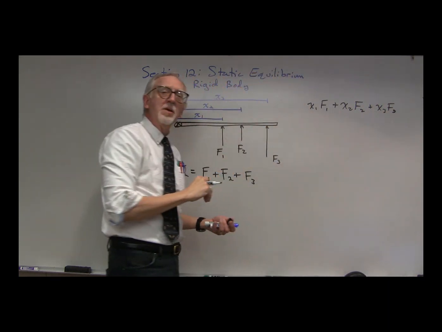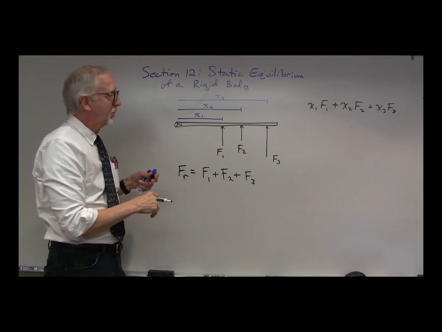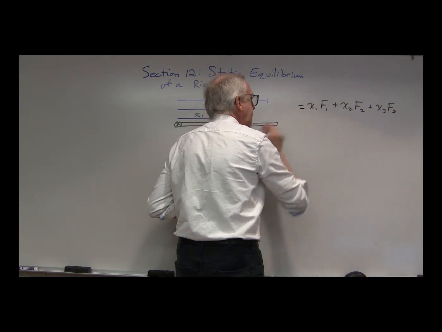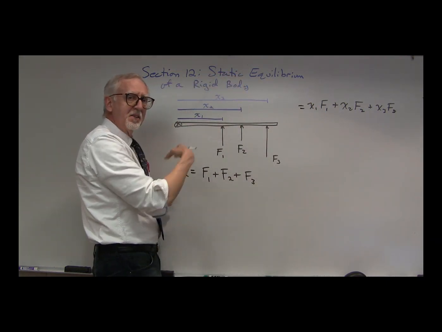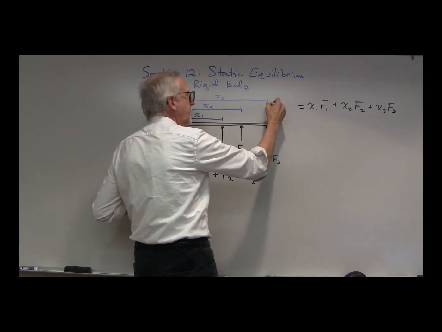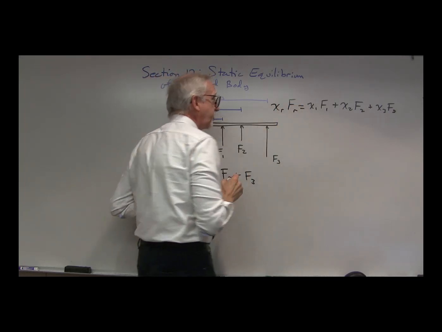And I'm just assuming that theta is 90 degrees in this case, or they'd all have a constant theta anyways. That's the net torque. What I want that to be equal to is the torque due to this resultant force at some other position. Well, that other position would be, let's call it xr for the resultant force.